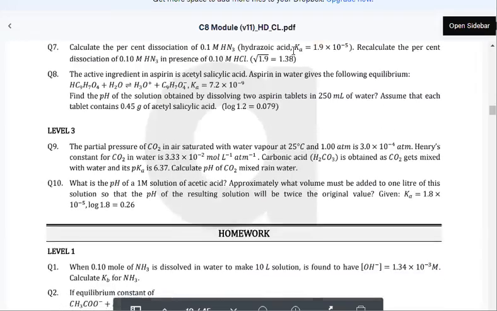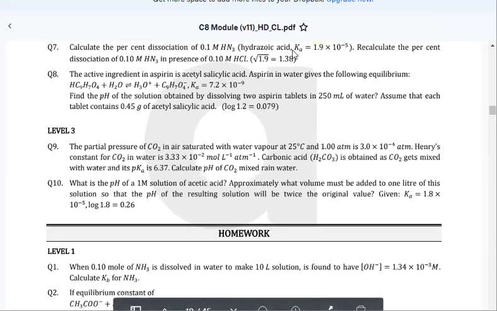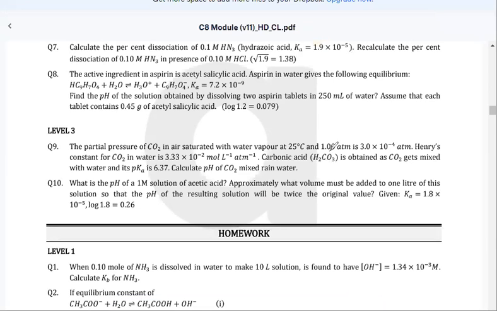In class exercise, level 3. So we haven't discussed this one, right? Now when you talk about 7.2, okay, so what do we have here? Just see, what do we have here?